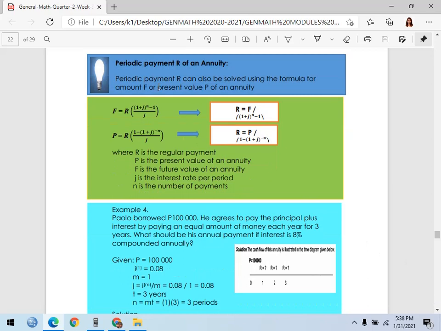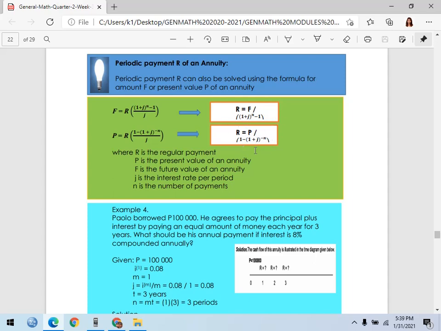Next. For the periodic payment, or R, yung formula niya is depende sa given. Okay? If the given is F, or the future value, ito yung magiging formula niya. R, yung naka-box, R equals F divided by 1 plus j raised to n minus 1 over j.